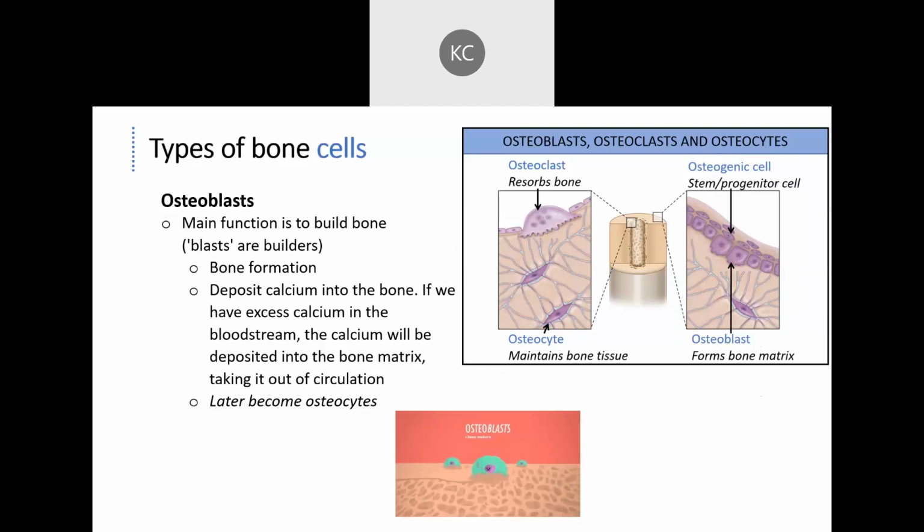It also has the collagen fibers there. Now, as the osteoblasts continue to build and produce this osteoid and lay down the collagen fibers, they eventually surround themselves with what they're producing. When they surround themselves with this osteoid and the collagen fibers, they change their name to osteocyte.